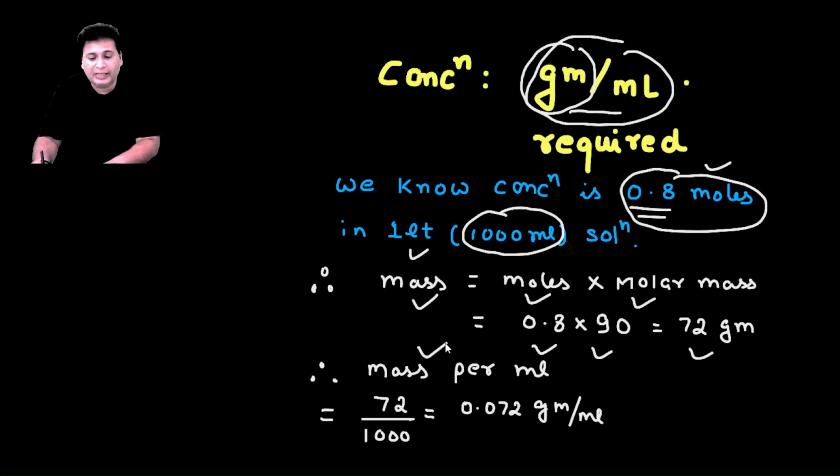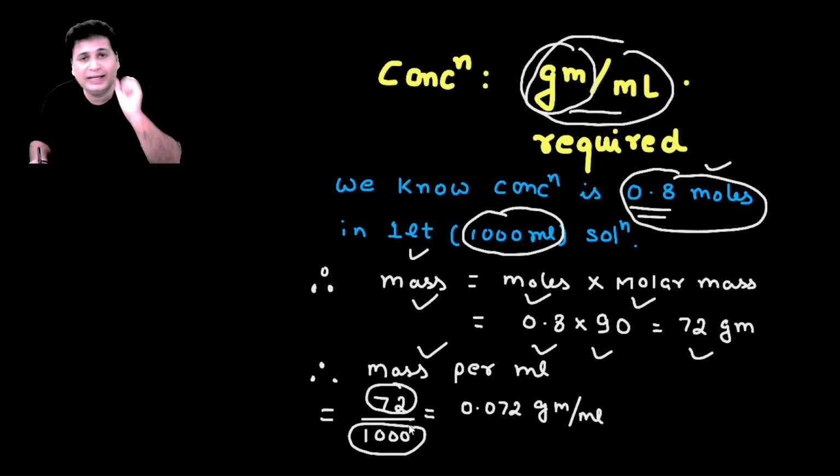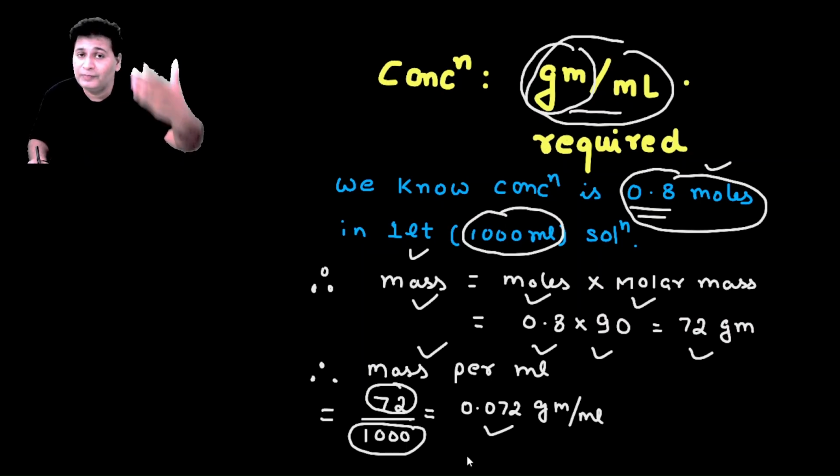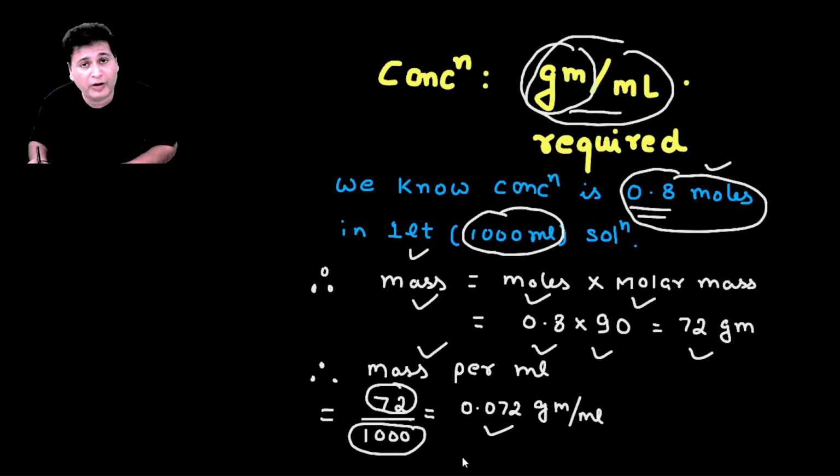Now the concentration, that is mass per ml, you can find. The mass is 72 gram and the volume was 1000 ml. So per ml, how many grams do you have? You have 0.072 grams per ml.